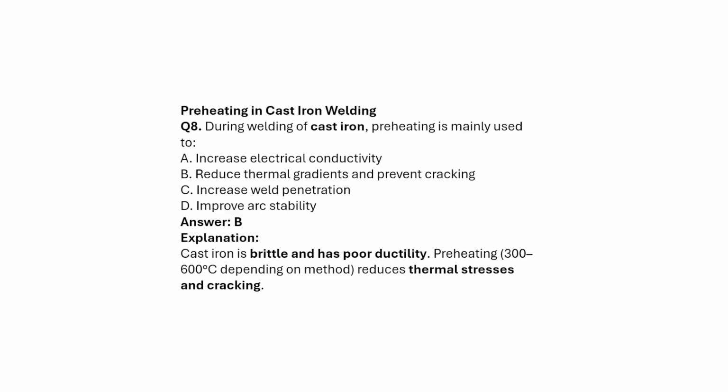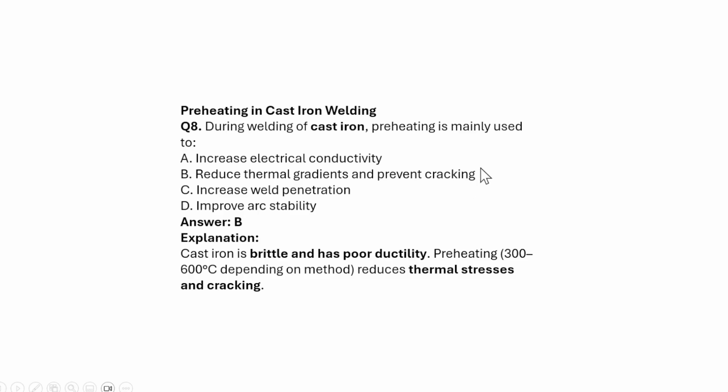Next, preheating in cast iron welding. During the welding of cast iron, the preheating is mainly used for which purpose? Option A, increase the electrical conductivity, no. The answer is to reduce the thermal gradient to prevent cracking. The other options are to increase the welding penetration or improve the arc stability.